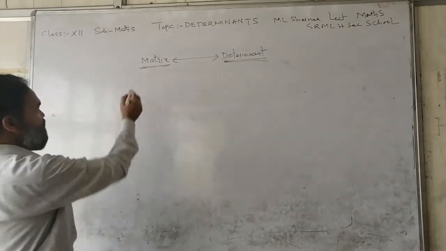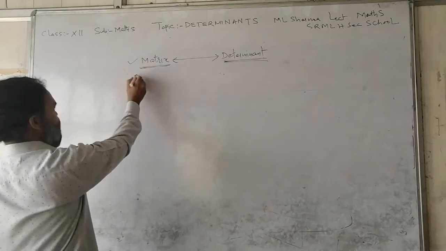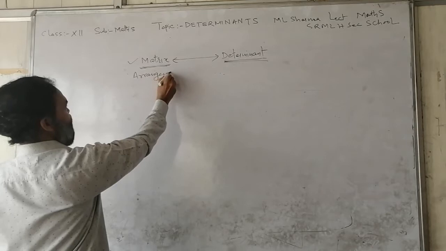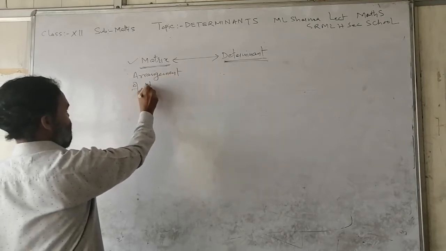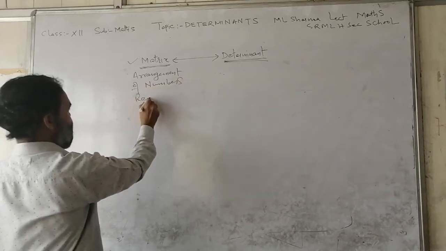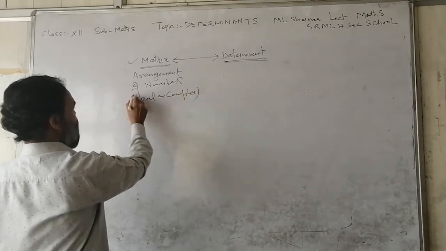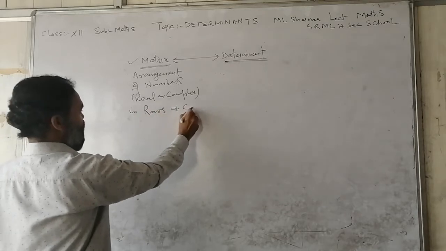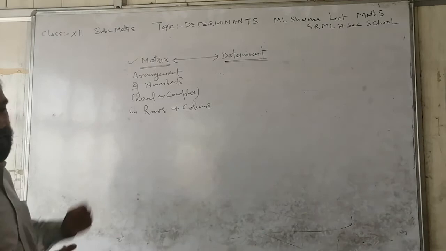In two or three lines, I can say a matrix is simply an arrangement of numbers. The numbers can be real or complex, in rows and columns. This is called a matrix.